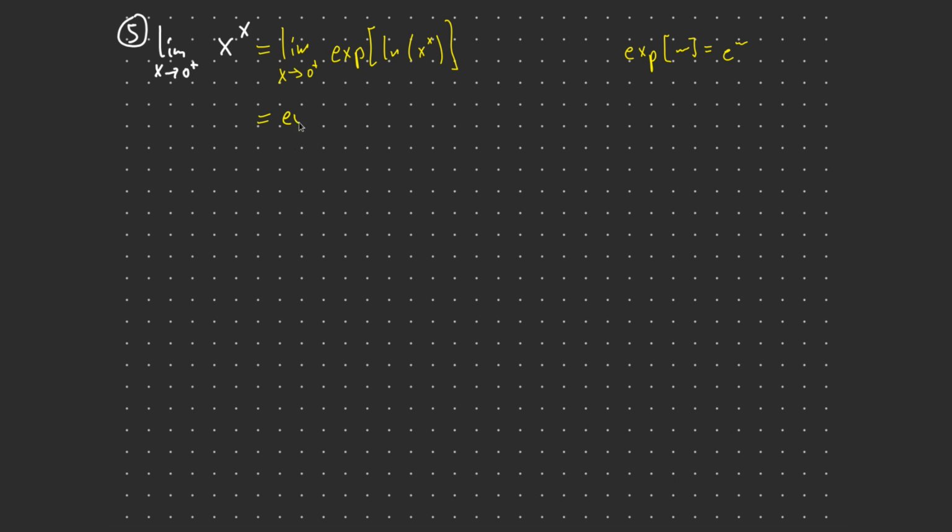So we can say that this is the exponential function of the limit as x goes to 0 from the right of the natural log of x to the power of x, and all of this is inside our exponential function. All I've done going from here to here is move this limit inside of the exponential function, again using the fact that the exponential function is continuous.